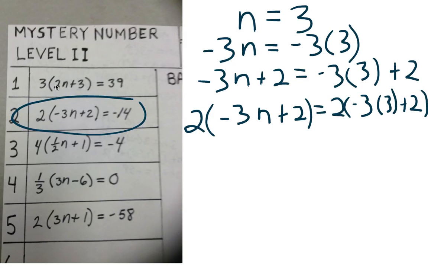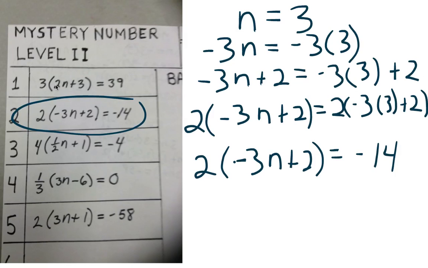So we just write the mystery equation of 2 times parentheses negative 3 times a number plus 2 is equal to negative 14. So we're starting with a number that we know, doing the same thing to both sides of the equation to create these mystery number equations. Okay, let's throw a fraction in there for the third one.